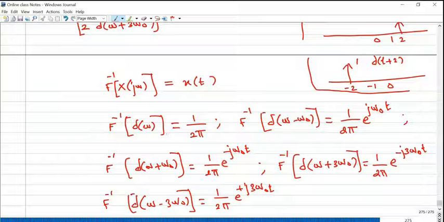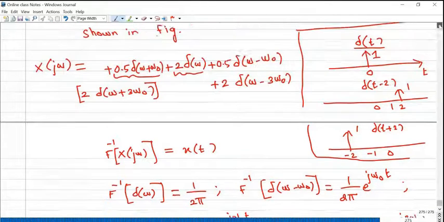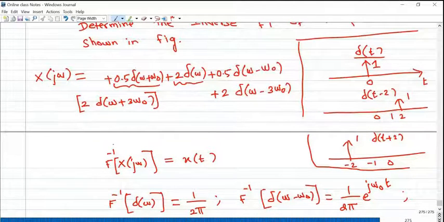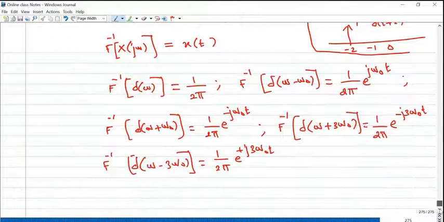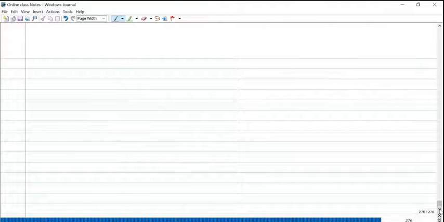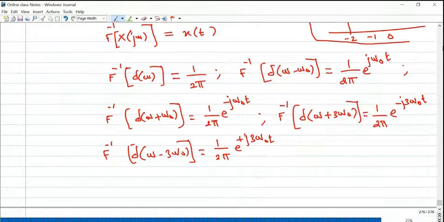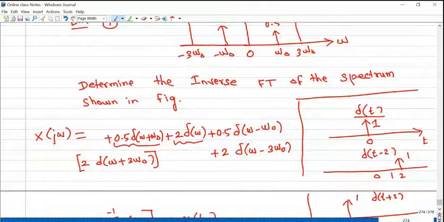Inverse Fourier transform of del of omega is 1 by 2 pi. Now substitute all these values and write down the inverse Fourier transform of x of j omega, that is x of t. Now x of t equals, this is a constant, del of omega plus 3 omega naught.